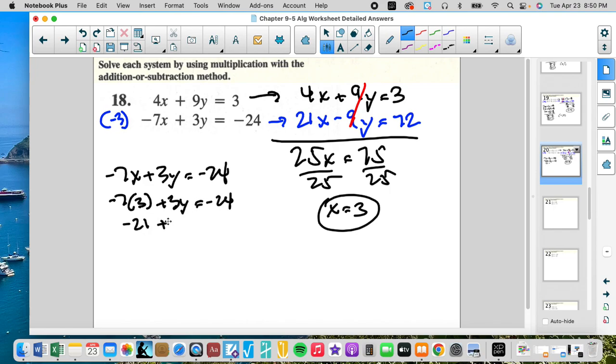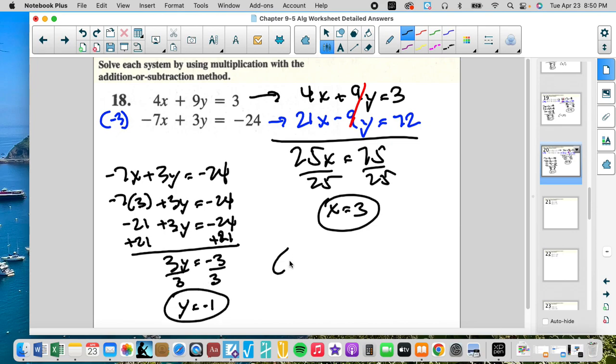Negative 21 plus 3y equals negative 24. Add 21. 3y equals negative 3. Divide by 3. y equals negative 1. We get 3, negative 1.